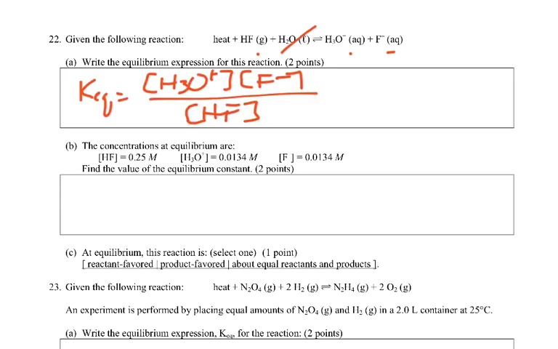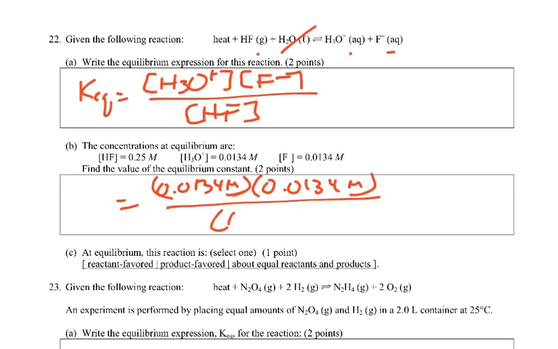Okay, the values are given, find the equilibrium constant. So they're giving us some numbers here. H3O+ is 0.0134 molar, and F- is 0.0134 molar, all over 0.25 molar. And so I'm just going to work out that answer.